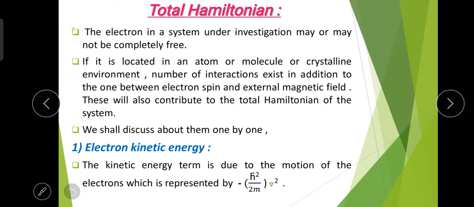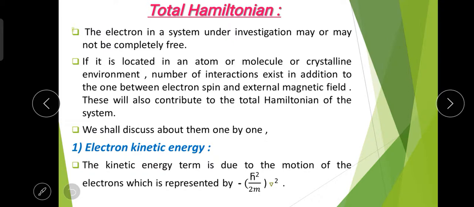So this electron may or may not be completely free. That means if it is free, then that is okay, but if it is not free, then we have to consider the different interactions through which that electron goes.